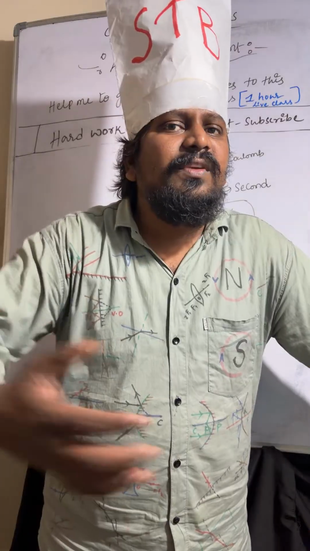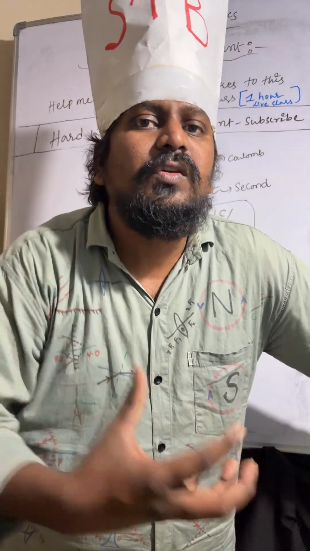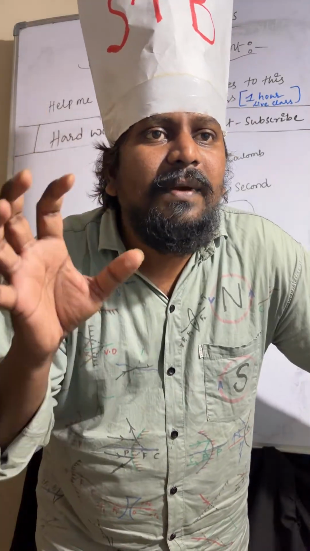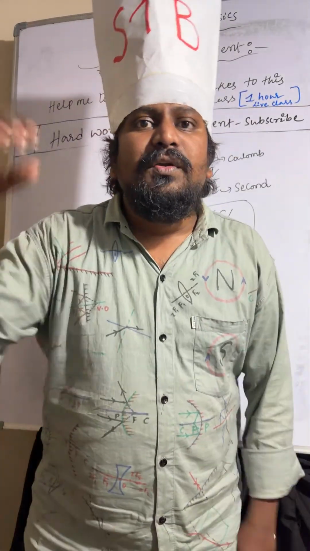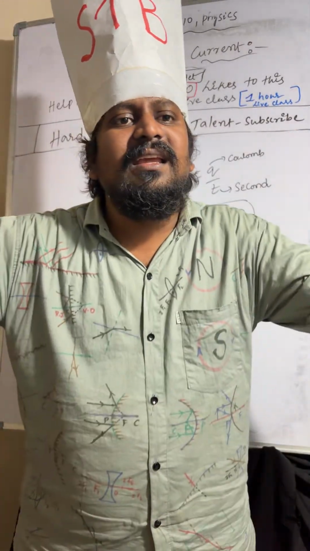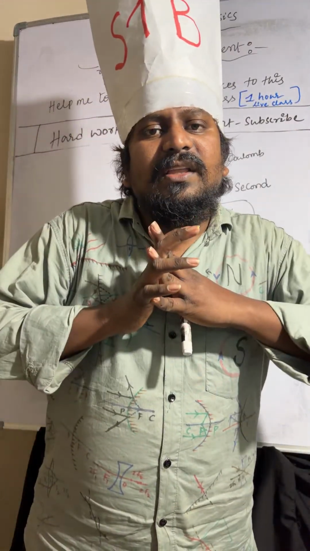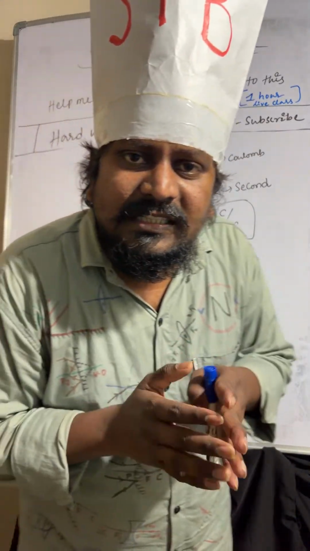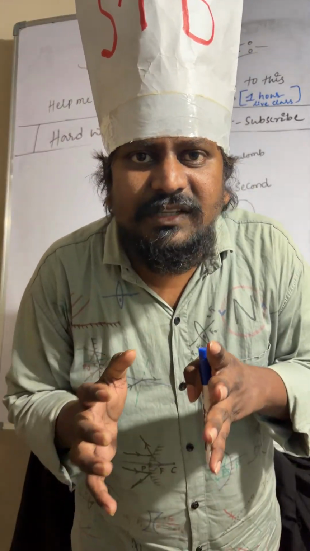Yes or no? If a number of charges, that is called quantization of charge. Q equal to plus or minus Ne. Quantization of charge. On one electron, 1.6 into 10 power minus 19 coulomb.